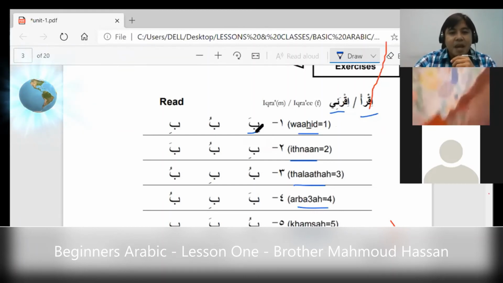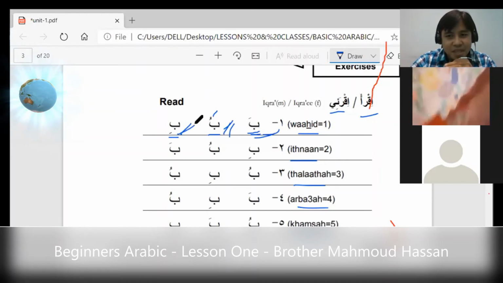We say ba fatha a ba. Then we repeat it, ba fatha a ba. Then ba dhamma u bu. Ba kasra i bi. Ba bu bi. This is the way we read, for us to familiarize with all of them.